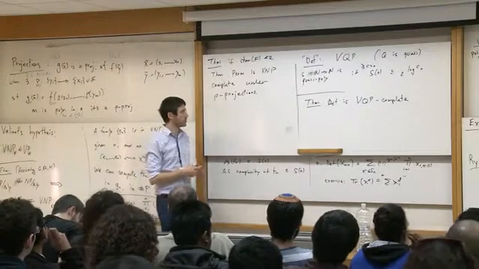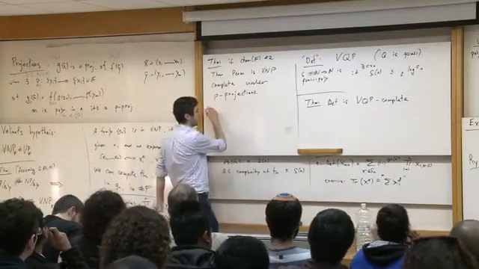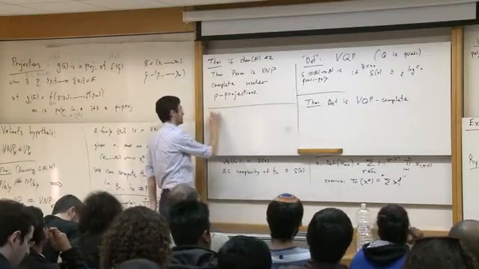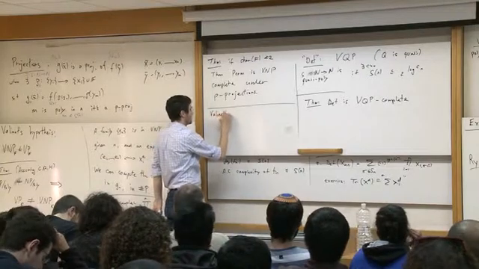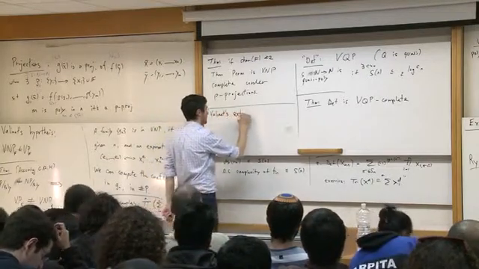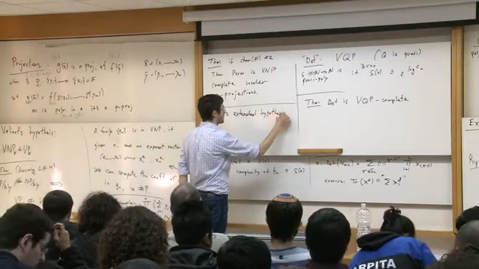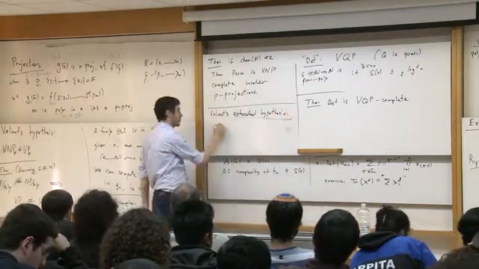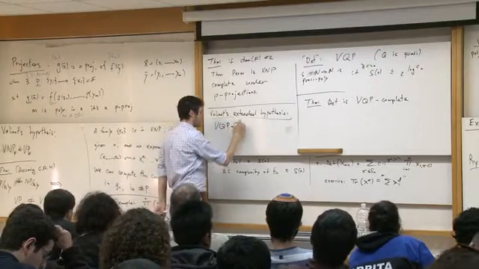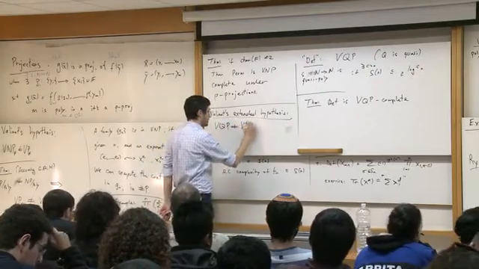But before I prove that, I want to state now Valiant's extended hypothesis. That says that VQP is different from VNP.